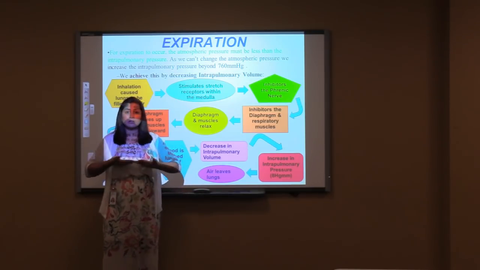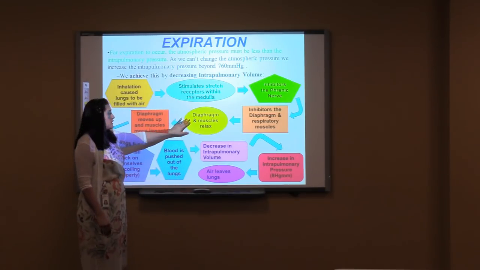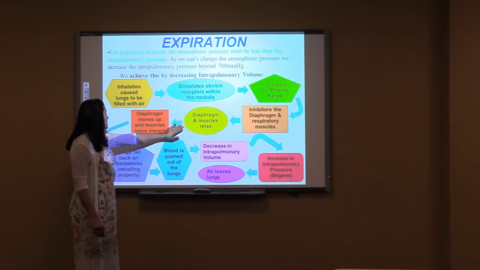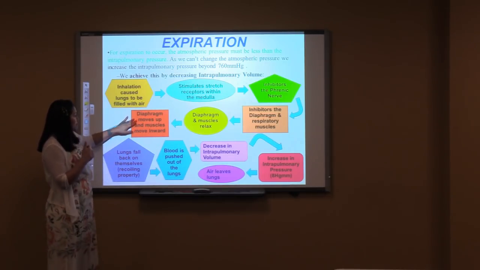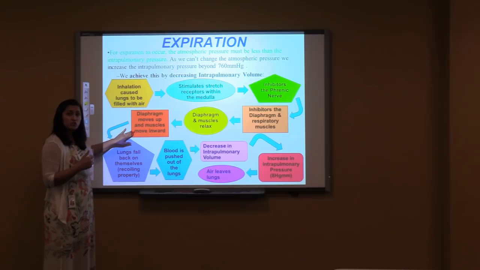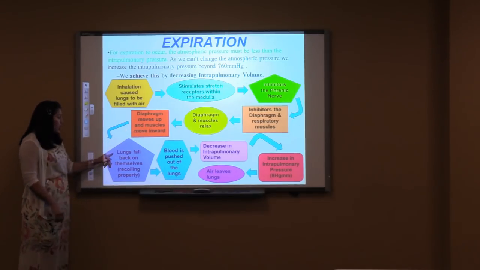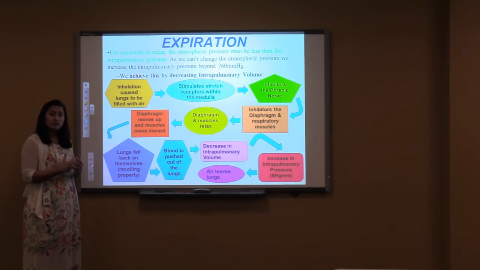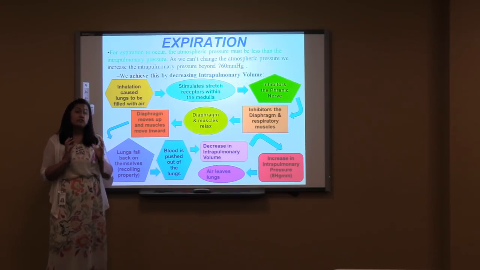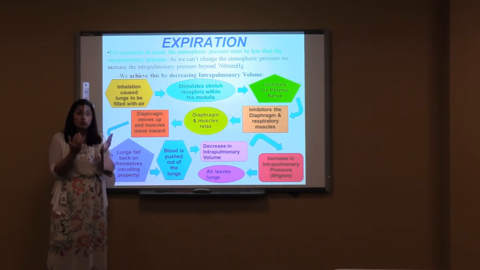Because now they're relaxed. So when the diaphragm and the respiratory muscles relax, the diaphragm moves up and the respiratory muscles move inward. That causes the lung to fall back on itself because the lung is filled with elastic fibers. It's like a rubber band. Once you relax it, it comes back to its original shape and size. Same concept.